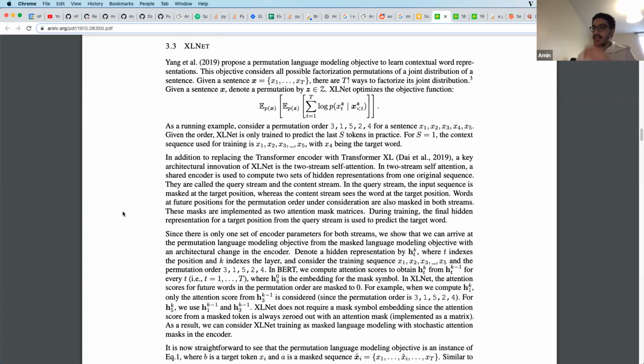And so in essence, the problem that this solves is, if you don't do this, you can get a model which can predict the same output for different target positions.